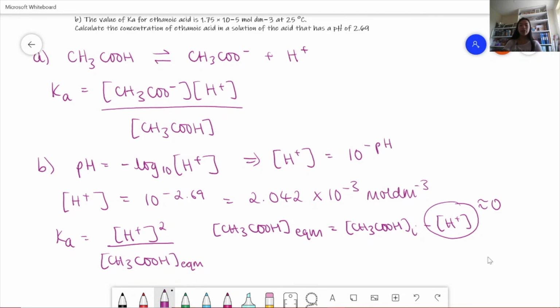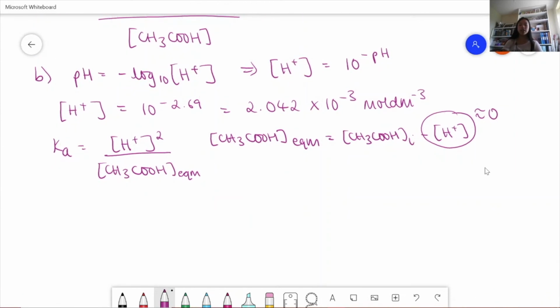And so now, the value of Ka is 1.75 times 10 to the minus 5. So we use that in the equation, and we rearrange this Ka equation to find the concentration of ethanoic acid, which should be the same as the original. And so the concentration of ethanoic acid is equal to the concentration of H plus squared over the Ka.